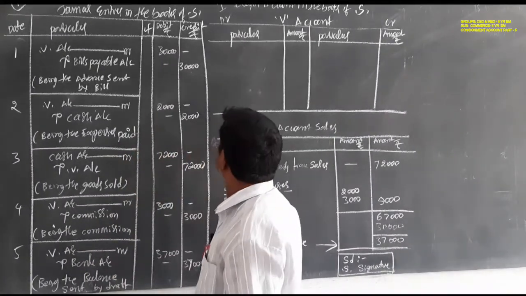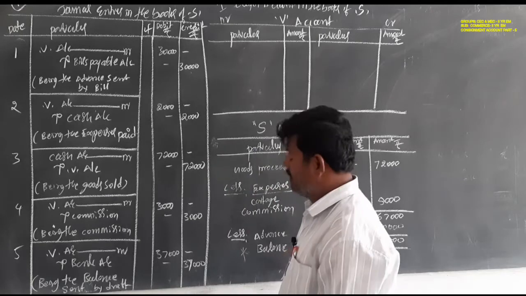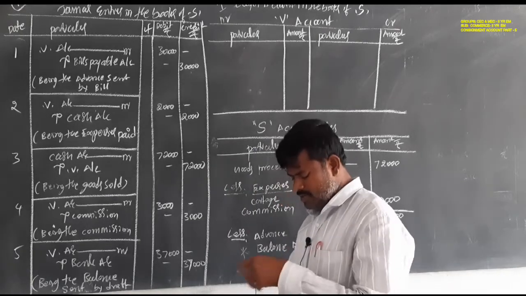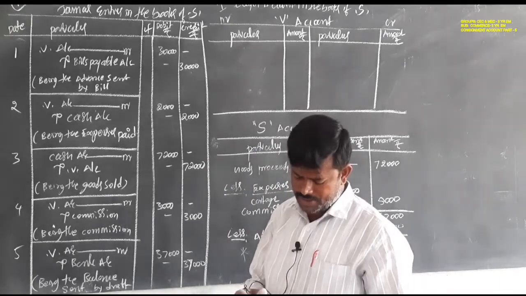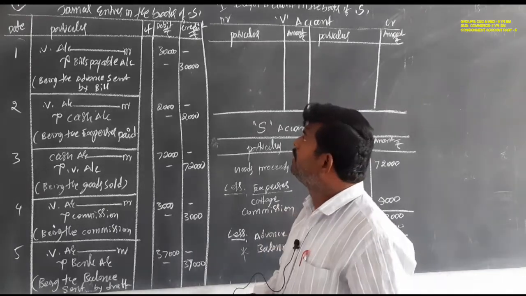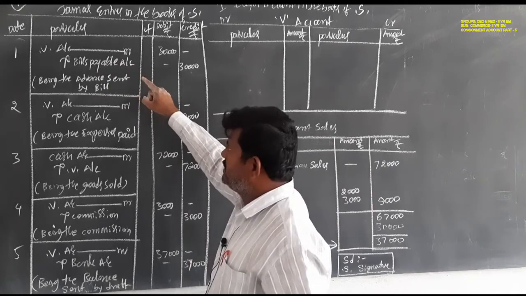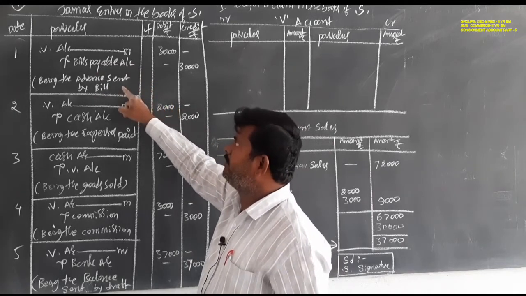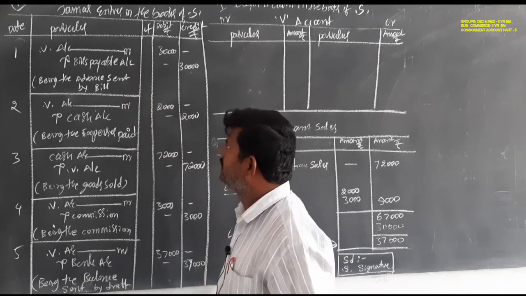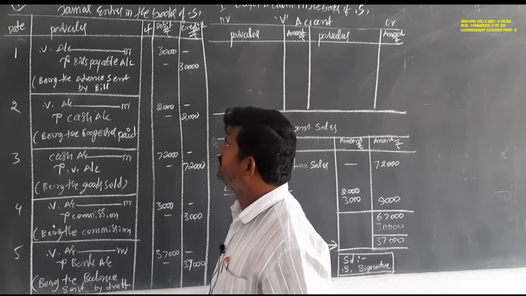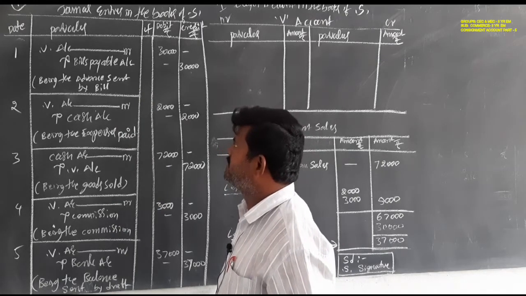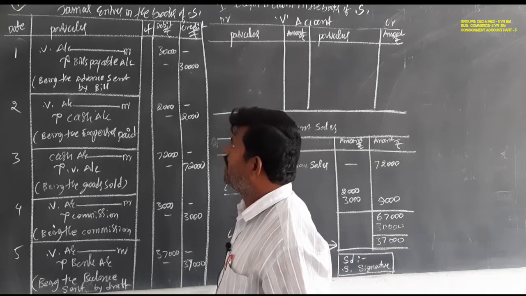Now come to the consignor ledger accounts, or consignor books. First entry, V account debit to bills payable. This is for advance given by the consignee. V is the receiver, debit; bills payable is a real account, what goes out, credit.